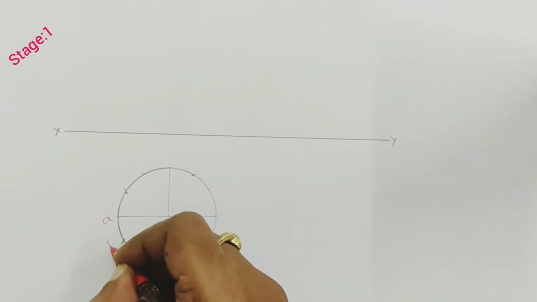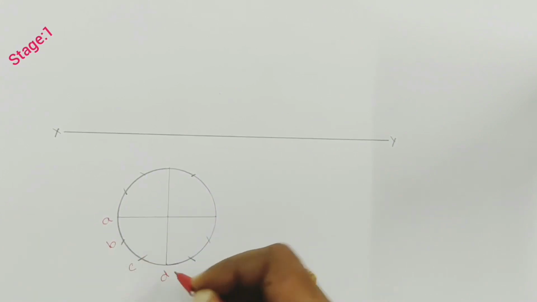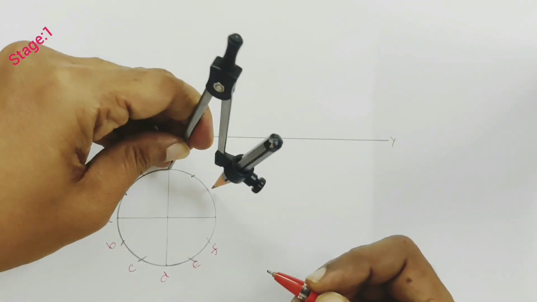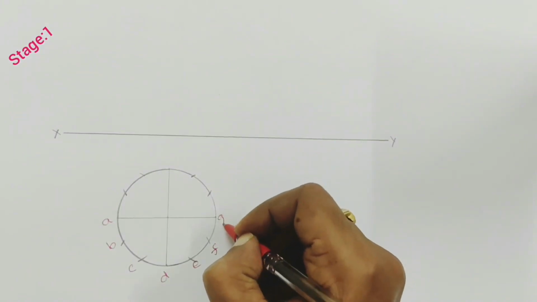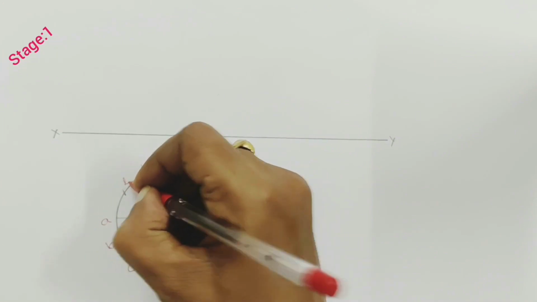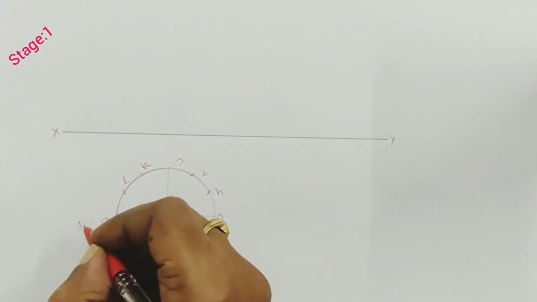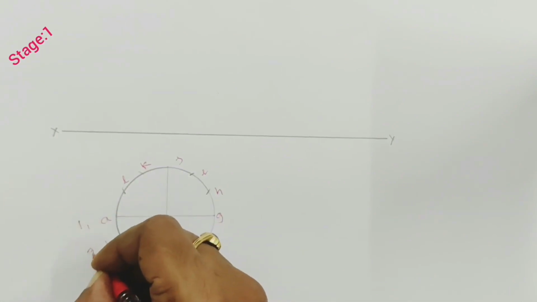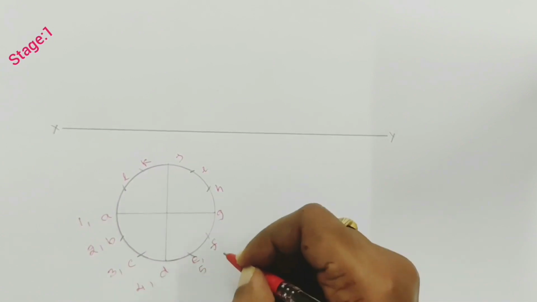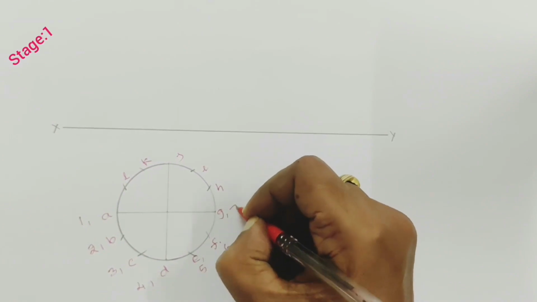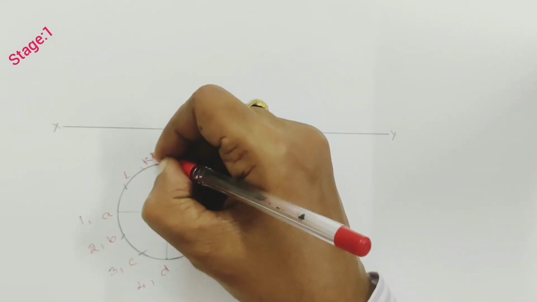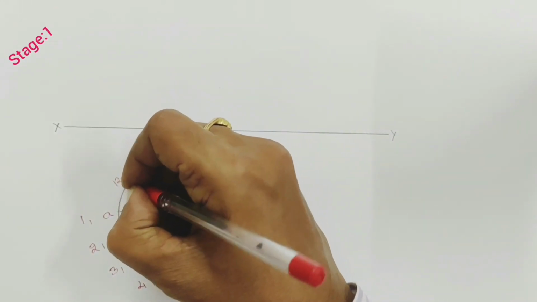Say A, B, C, D, E, F, G, H, I, J, K, L. Then for the top base, we will give numerals: 1, 2, 3, 4, 5, 6, 7, 8, 9, 10, 11, 12.